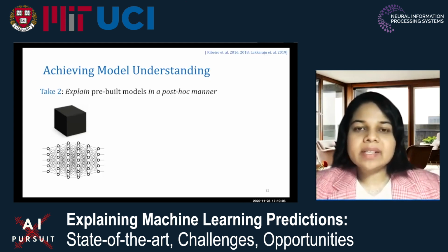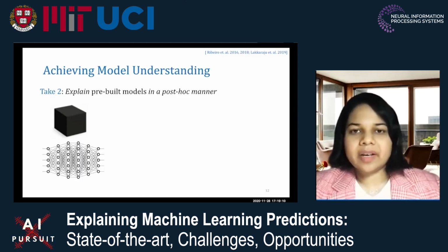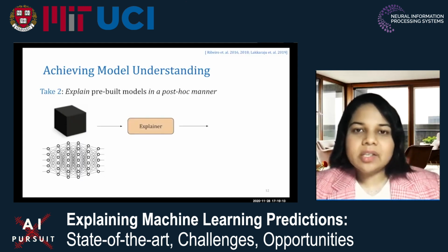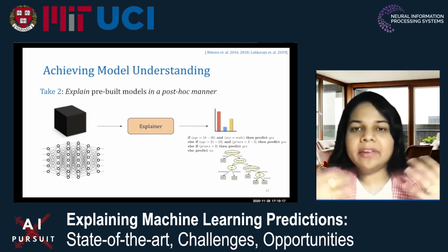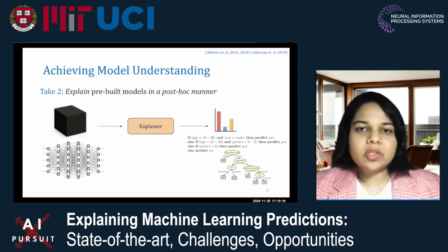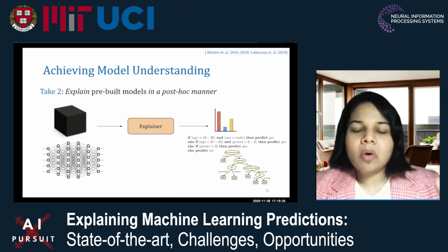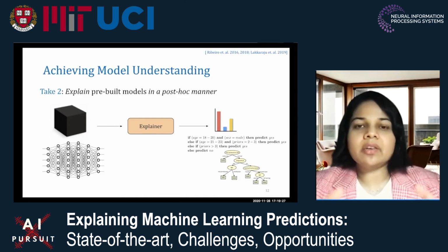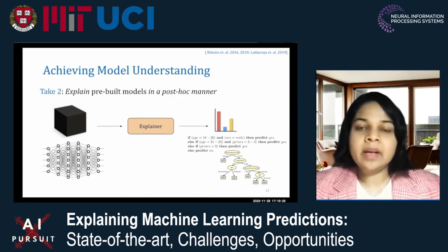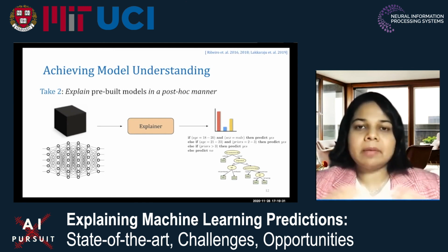These kinds of models can be passed on as inputs to explanation algorithms or explainers, which in turn produce explanations in the form of either linear models or shallow decision trees or other rule-based models or even visualizations, so that these give a more interpretable understanding to the end users. So these are the two approaches that previous literature has advocated for.